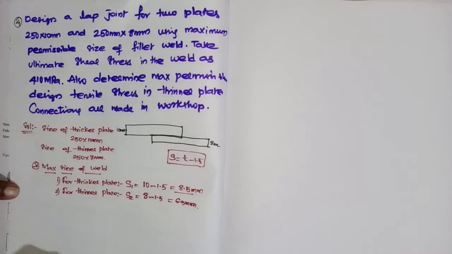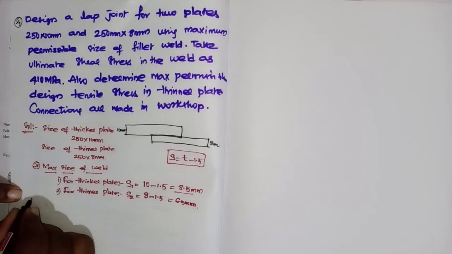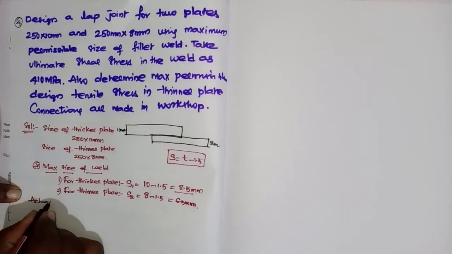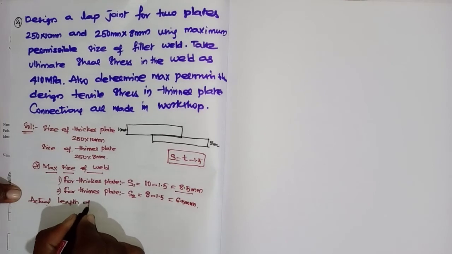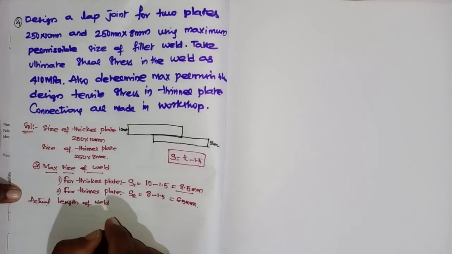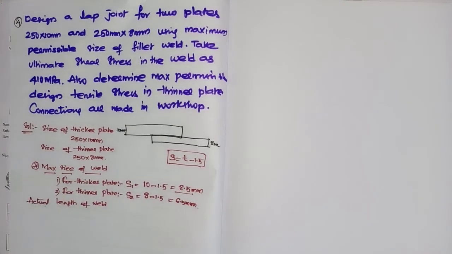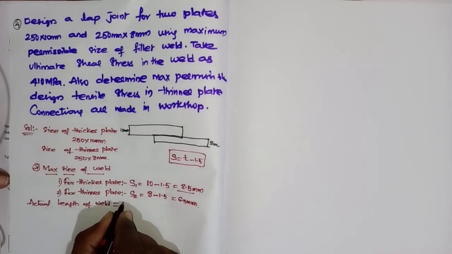Now after this, the actual length of weld is what? Why we are not taking the actual length while calculating in the design is, see, the edges may not be perfectly done. For that you are supposed to deduct, that is equal to 250 mm.